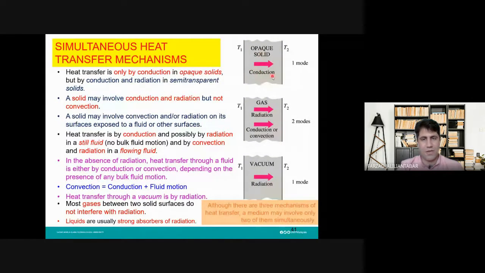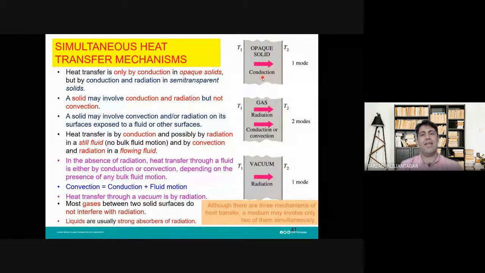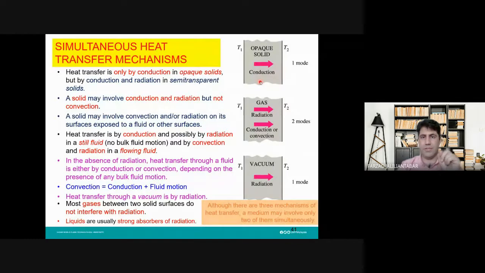On its surface, or even in contact with it, we don't have any fluid in motion. Because it is also opaque, the heat transfer is only by one mode, conduction. Many heat transfer problems are for this one mode of heat transfer. For example, wood. Imagine you have wood or metal or something like that. Heat transfer through that is mainly by conduction.